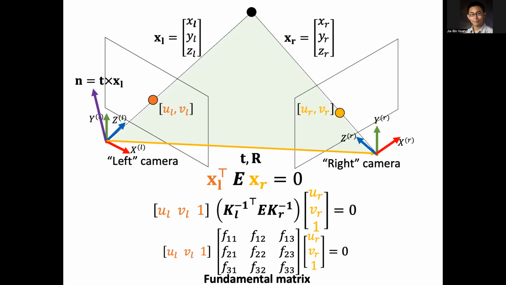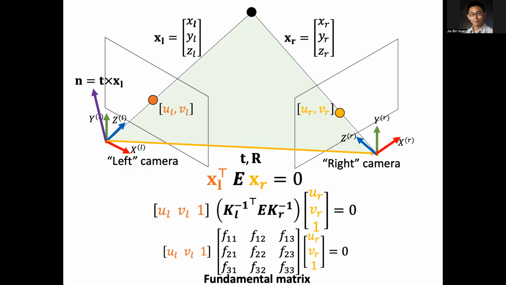So if I know F, then given any point in the left camera, I get a line equation in the right camera. Does it make sense? If I know a point in the left camera and post-multiply by this F, I know exactly where to look for the correspondence. I don't know the depth, but I know the correspondence must lie on a line.